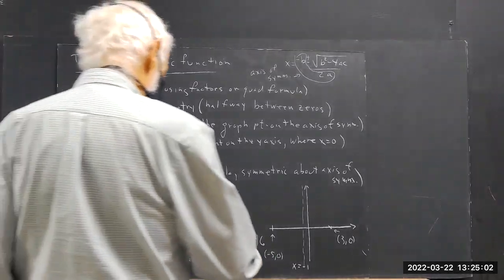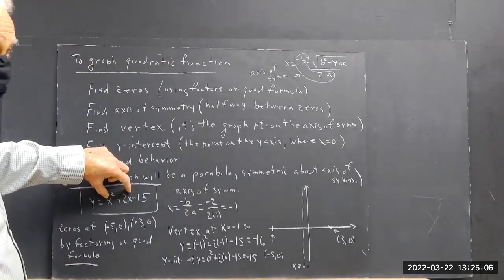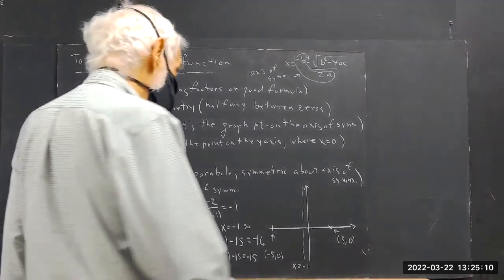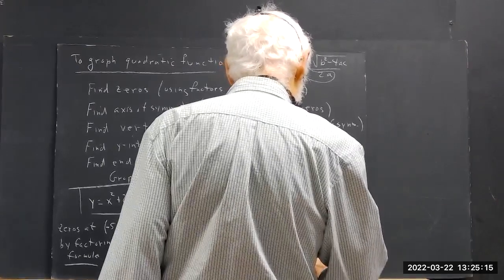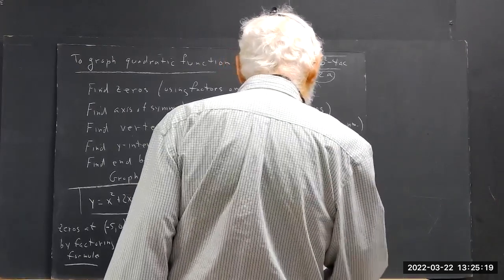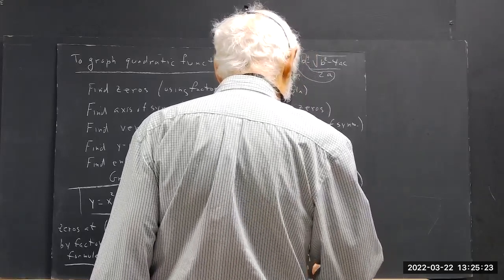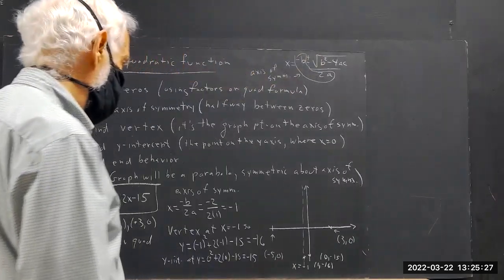And that, of course, gives you minus 15. These two terms will always be 0 on the y-axis. But what's left over is your intercept. So we've got 0, negative 15. And 1, negative 16.